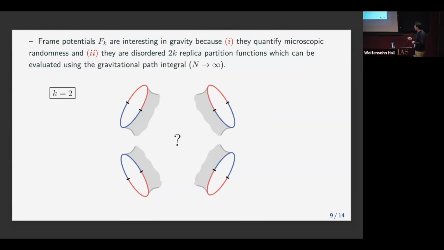This just corresponds to the fourth moment of the overlap between two independent instances. Each boundary computes some overlap between two states. There's an average over the disorder that defines these states, which correlates the different replicas. And in principle, in large N systems, we expect that this quantity can be evaluated semiclassically.